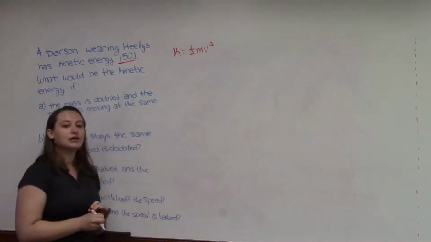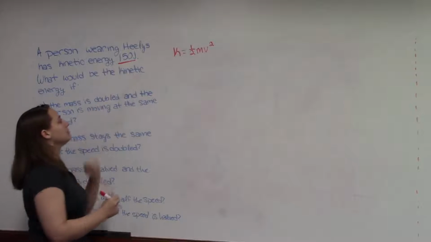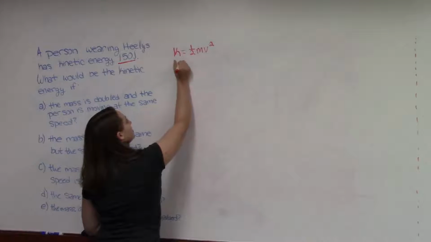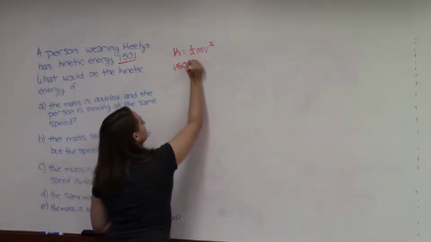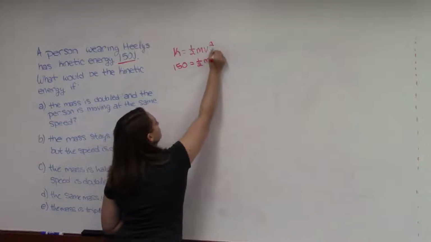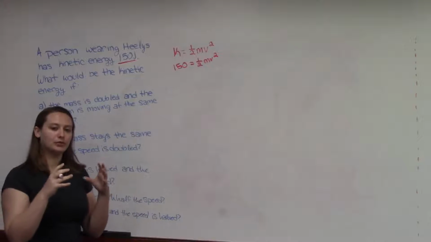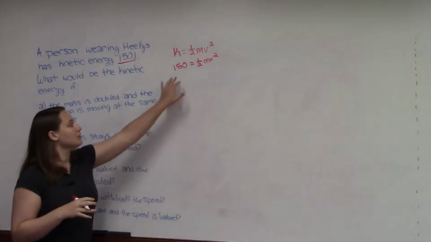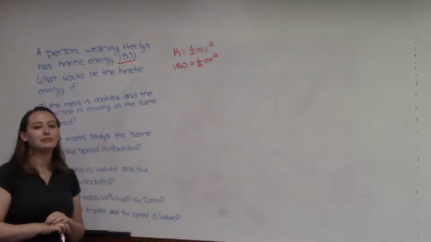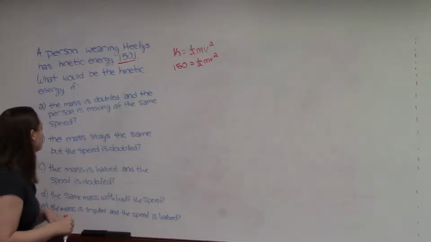Because we're given 150 joules, we can say that 150 equals 1/2 mv squared. So anytime we can group together a 1/2 mv squared, we can sub in that 150 and make our lives a whole lot easier to get that numerical answer.